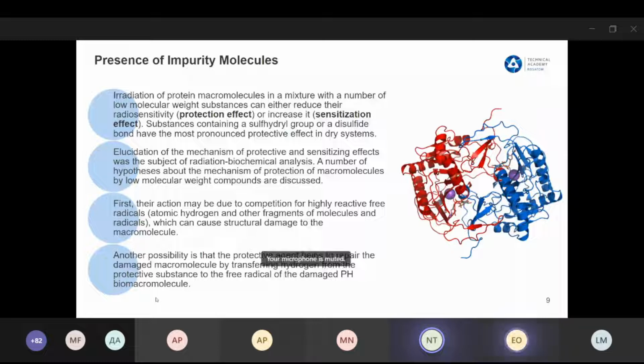Another possibility is that the protective agent helps to repair the damaged macromolecule by transferring hydrogen from the protective substance to the free radical of the damaged biomacromolecule.